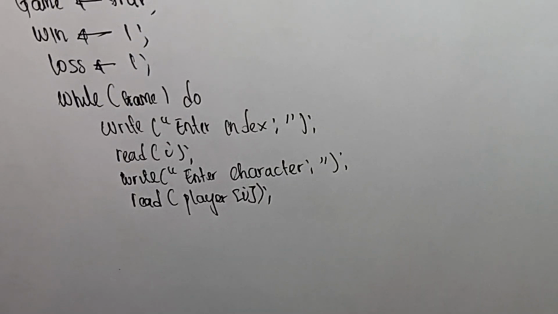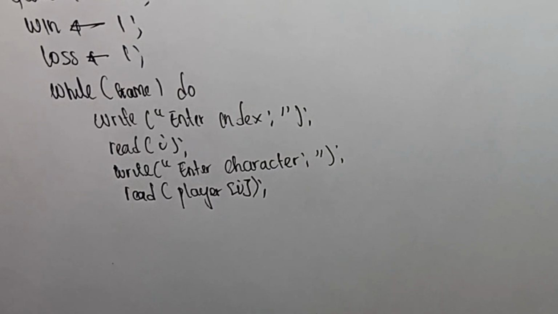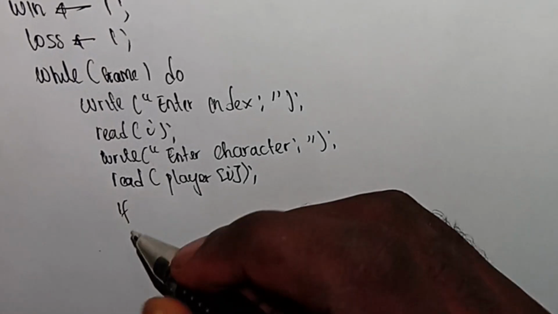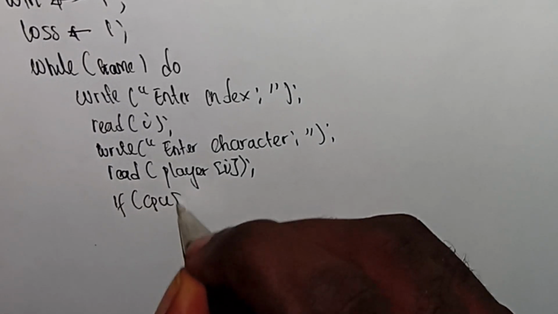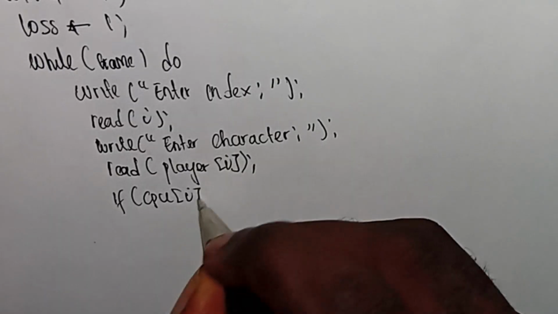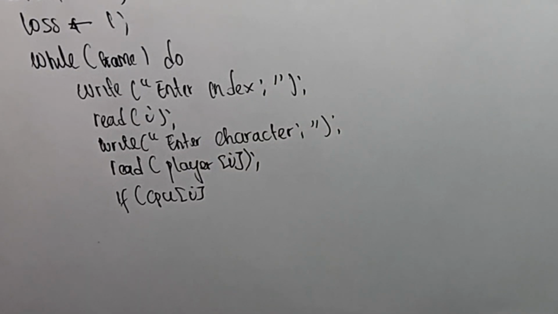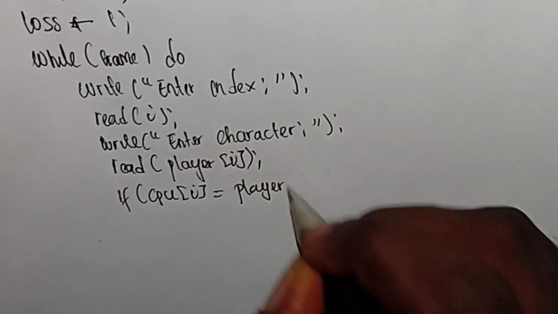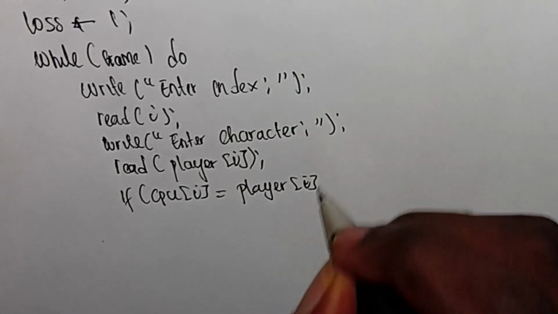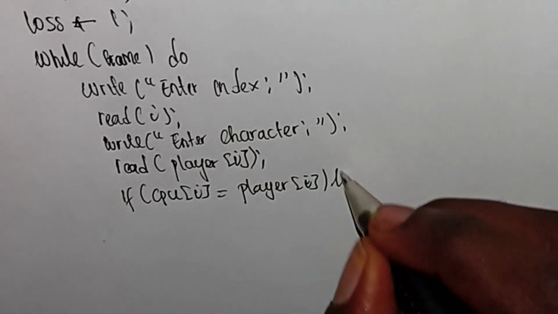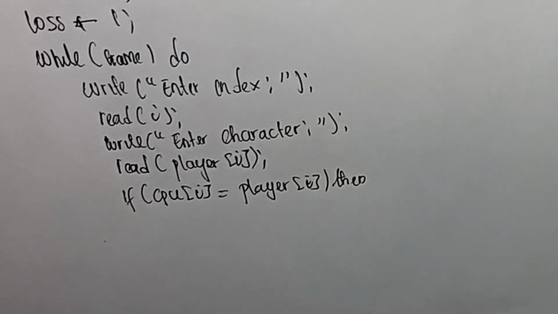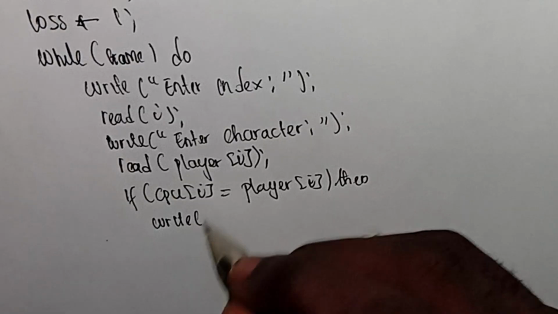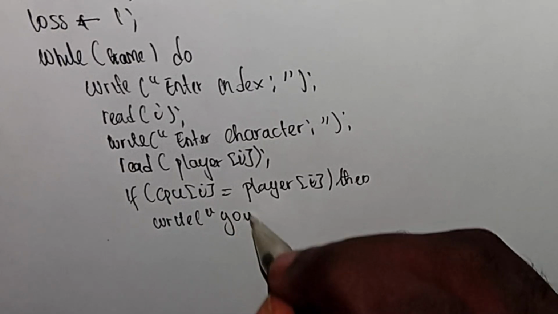Now that we've read it, the first thing we want to check is if the CPU's data, CPU at the index of I, is equal to player at the index of I, then we want to display a message something like you got it right.